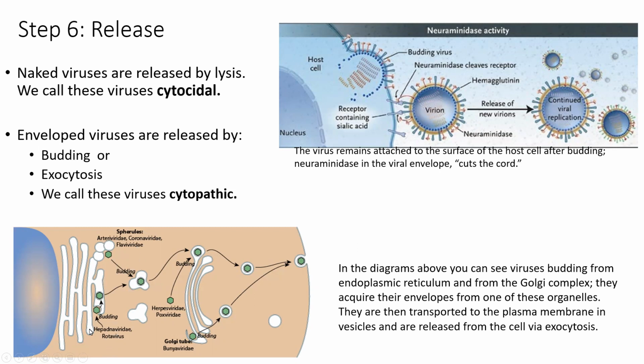I'm not going to ask you to remember how Hepadnaviridae, the rotavirus down in the bottom middle region, how that's different than the Bunyaviridae, or the Arteriviridae or Coronaviridae even. But do notice how viruses exit the cell very differently.